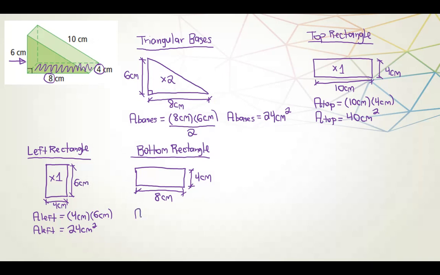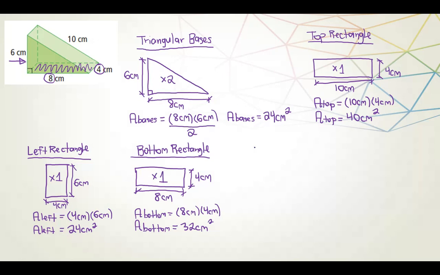Okay, and then we can write down A for the bottom, which is equal to the area of a rectangle, length times width. So you have 8 centimeters multiplied by 4 centimeters, and the area of the bottom would be 8 times 4 is 32, and the units are square centimeters. And this only occurs one time.